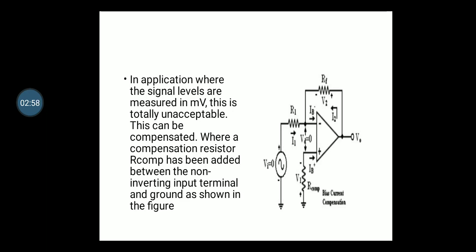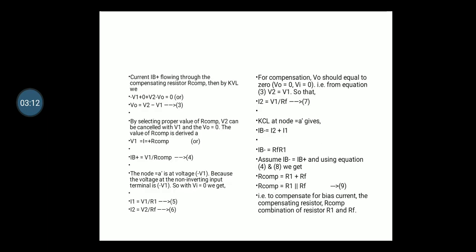This is unacceptable, and this effect can be compensated by adding a compensation resistor between the non-inverting input terminal and ground. So the current IB plus flowing through the compensating resistor develops a voltage V1 across it.